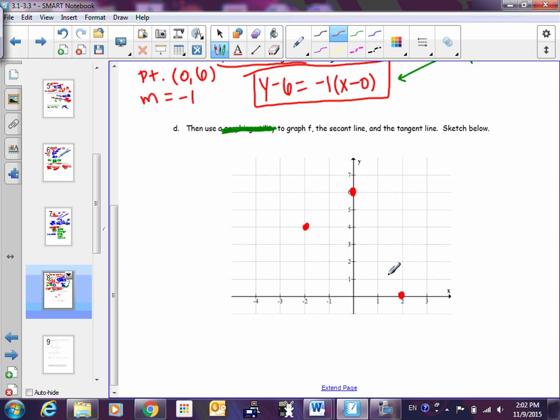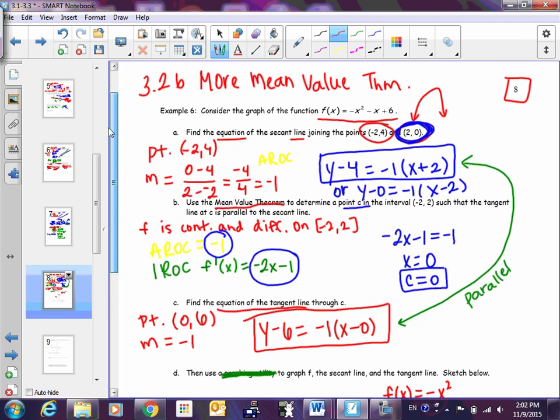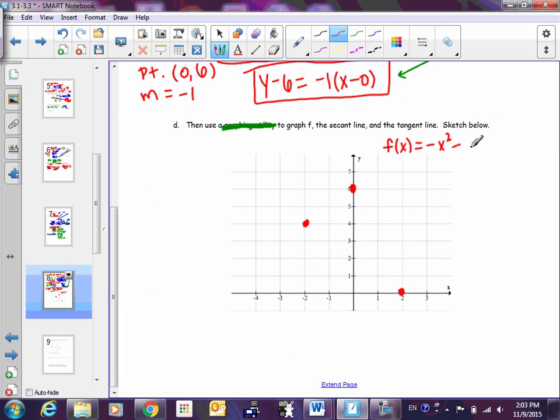But if I wanted to make it more accurate, I need to plug in 1. I need to plug in -1. Okay, so take a moment and go ahead and do that. And remember, you're plugging it into the original function, which was -x², I already forgot, minus x plus 6. So you're taking 1 and plugging 1 in for x and figuring out what the y value is.